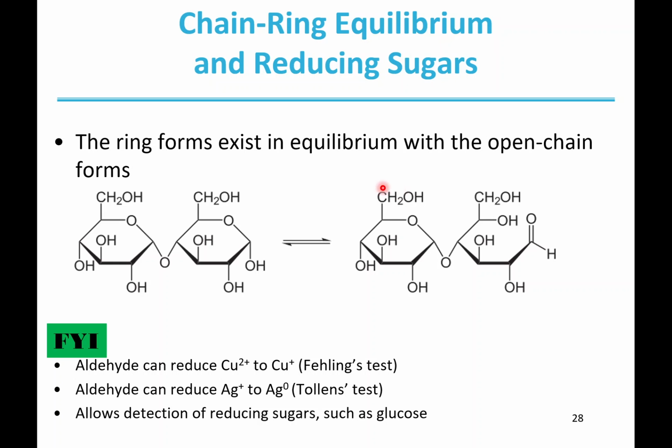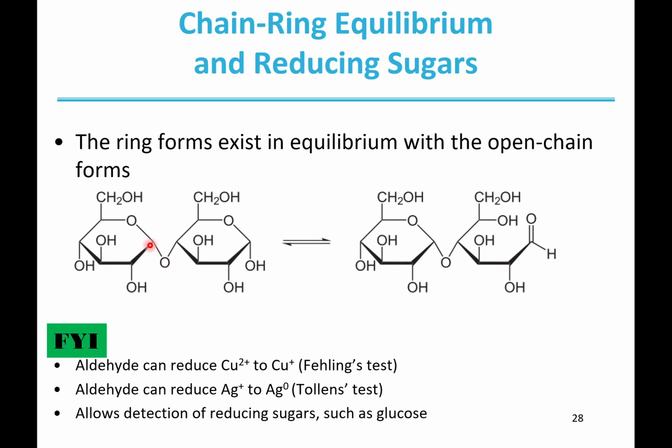So ring forms exist in equilibrium with open chain forms. Here's an example of a disaccharide, and this would be maltose again. We have our glycosidic bond between carbon 1 and carbon 4 on two glucose sugars. At this carbon now, we have an OR and another OR, a hydrogen, and an R group. So this would be an acetal functional group at this carbon.